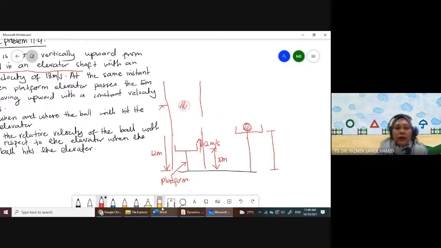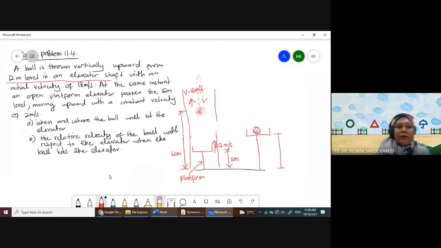Okay. So nanti it will go up and then it will go back down. Okay. And then the velocity ni adalah 18 meter per second. Okay. And then it will reach at the same level.